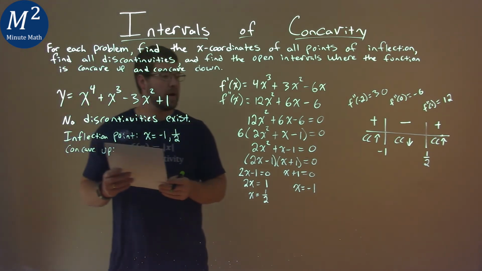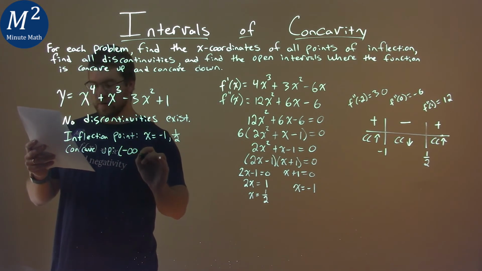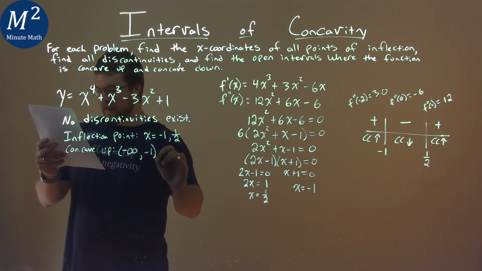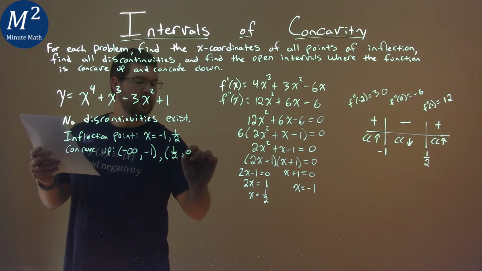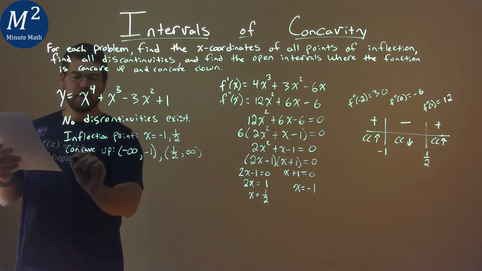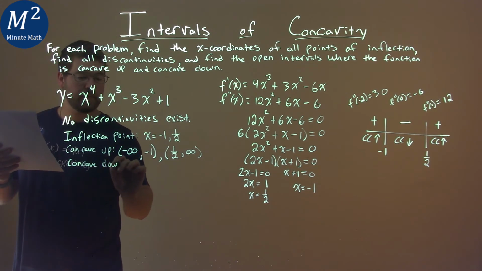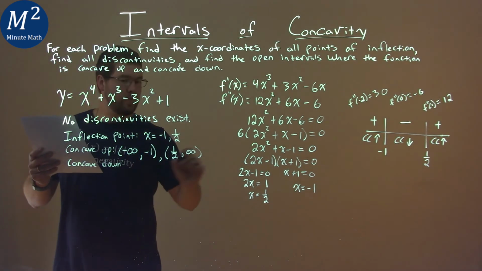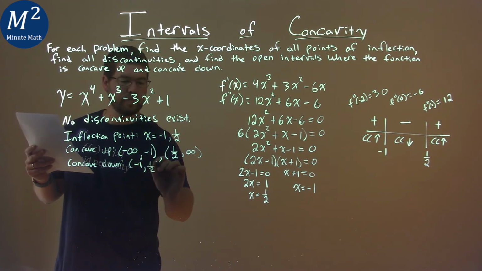The intervals where we're concave up are from negative infinity to negative 1, and from 1/2 to positive infinity, and we're concave down from the interval negative 1 to positive 1/2.